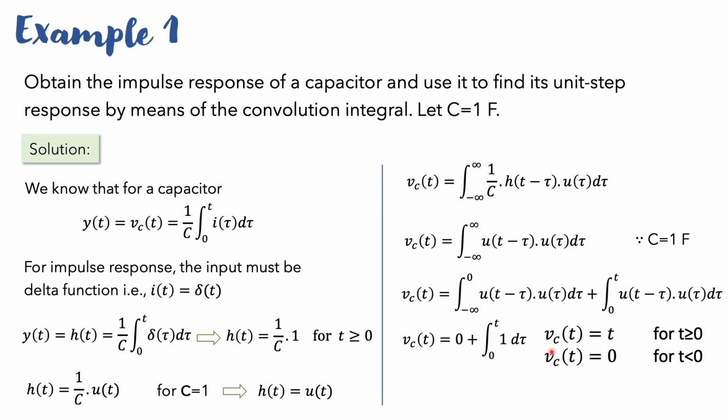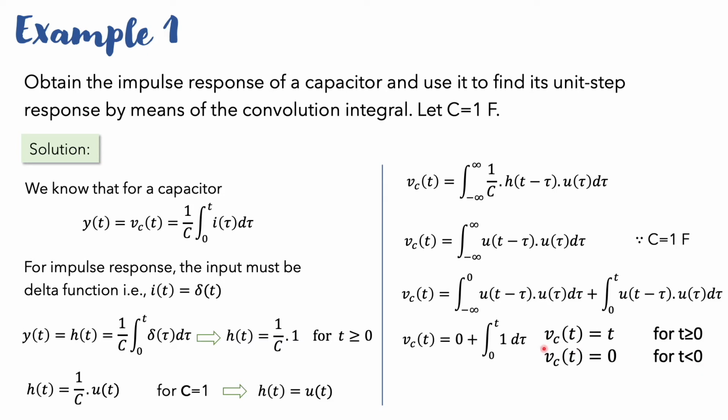Therefore, our VC, or the output, will be equal to t after this integration. So it will be equal to t for all values of t equal to and greater than 0, and it will be 0 for all values of time less than 0.